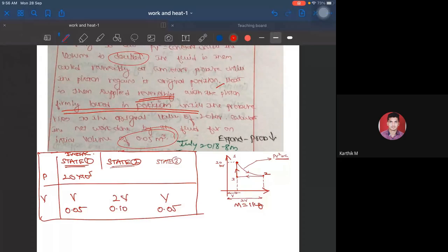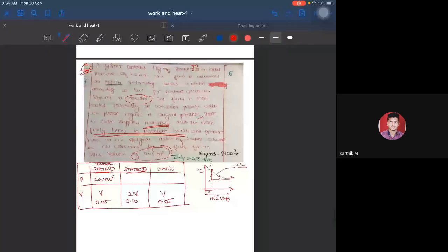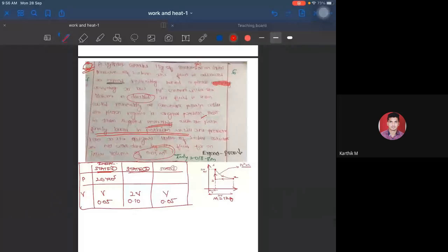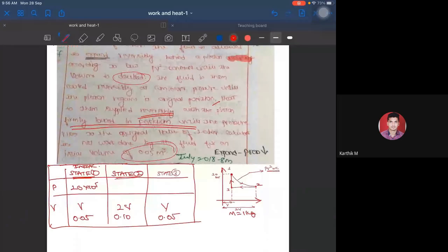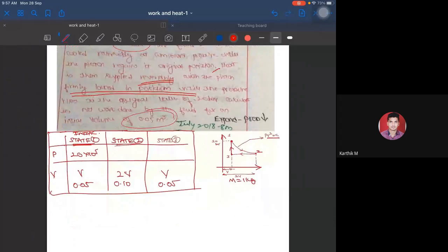So what we are supposed to find here? Work done at each process. So we are supposed to find work done and the net work done. So W net is equal to work done from 1 to 2 plus work done from 2 to 3 plus work done from 3 to 1.